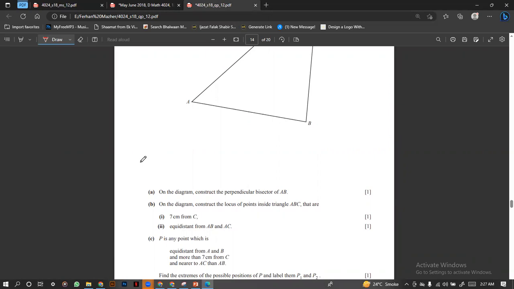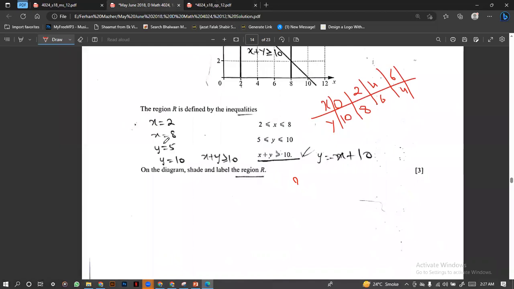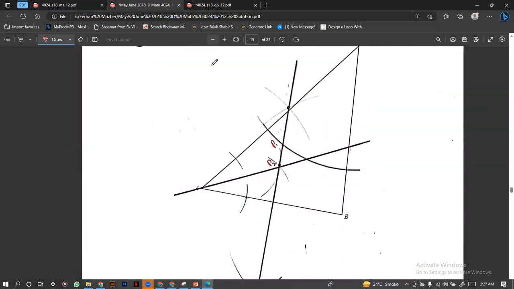So if you want to construct the perpendicular bisector of the AB, put your compass here, open it more than half of the AB, draw an arc here, draw an arc below this line, then put your compass on the B and draw an arc and draw an arc. So join them. So you will have the perpendicular bisector of the AB. Let me show you.